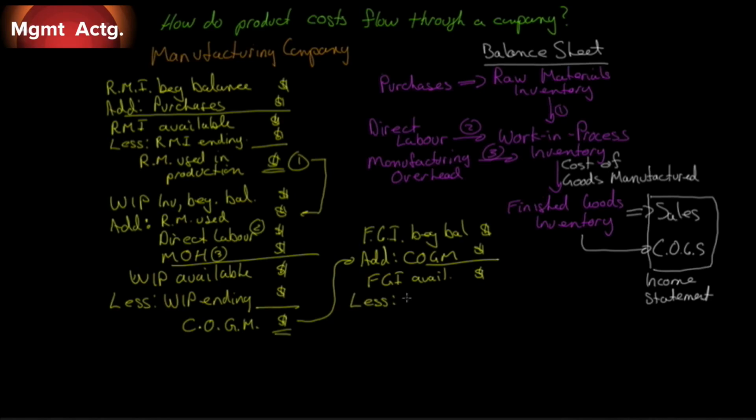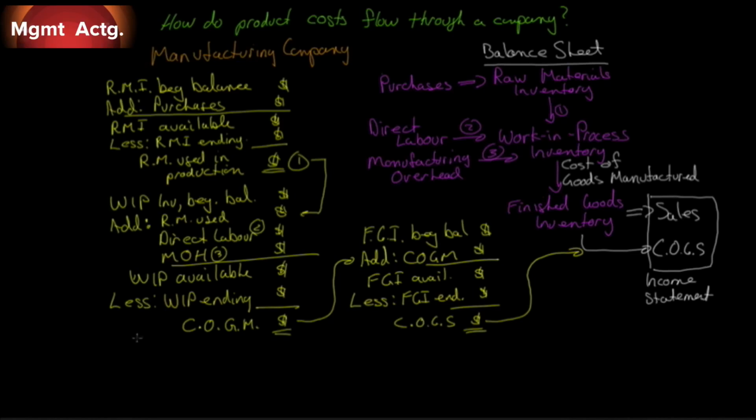I'm going to keep using the beer example. So we subtract our finished goods inventory ending balance, and that will give us our cost of goods sold. And look where this goes. It goes on the income statement. So you can see how raw materials flows into work in process flows into finished goods, then finished goods finally finds its way onto the income statement.